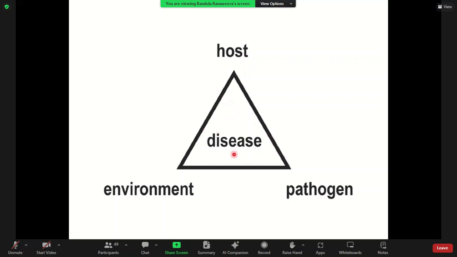So this concept is very important. You will understand it more in later stages. And this basic, simple illustration is always appearing in the books and literature on plant diseases or plant pathology, because this will explain a disease, and not only the explanation of a plant disease, it will explain the management of the plant diseases as well.